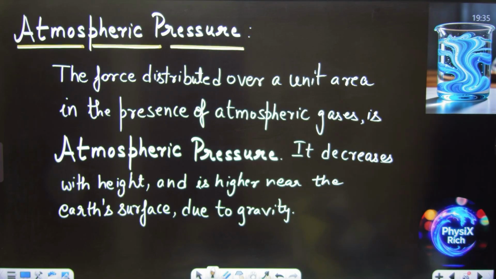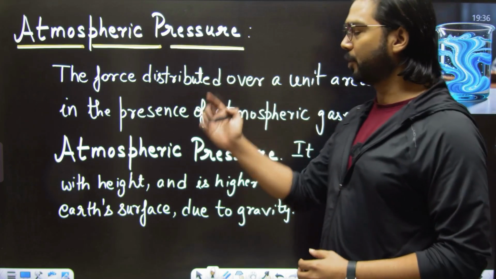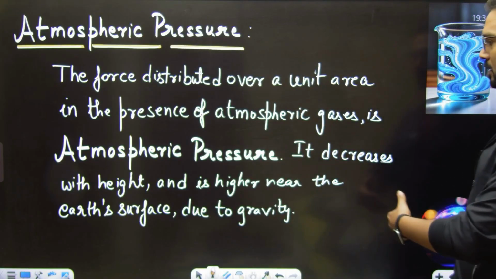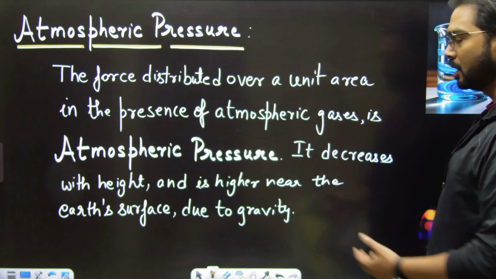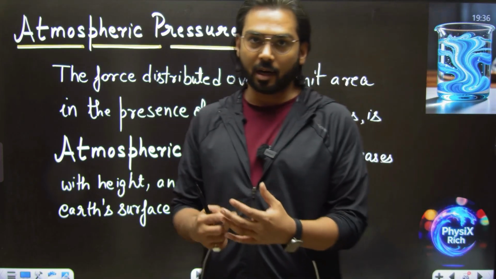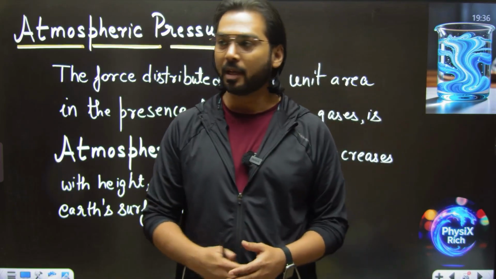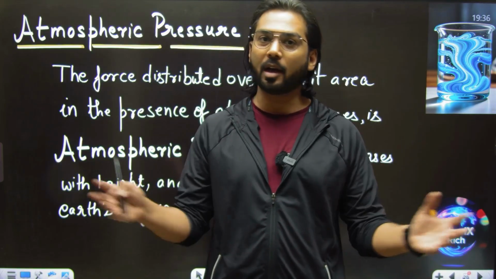So atmospheric pressure is, well, you already know what pressure is. It's the force which is distributed because of the presence of atmospheric gases up above us. And there are a lot of atmospheric gases like nitrogen, oxygen, and then a little bit of carbon dioxide and other gases.